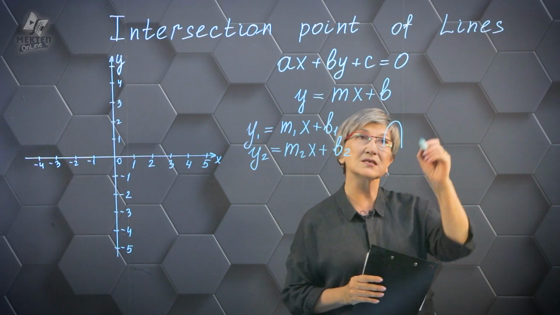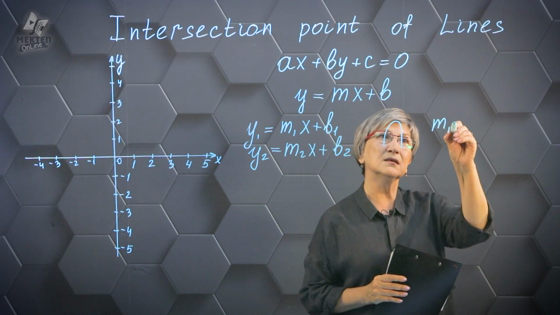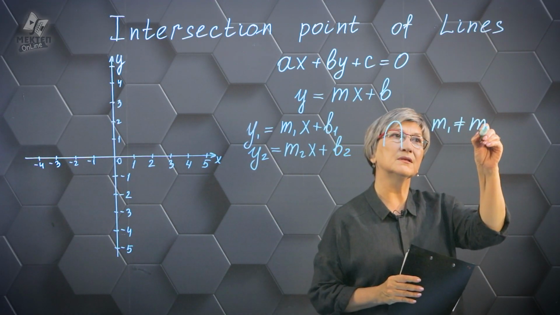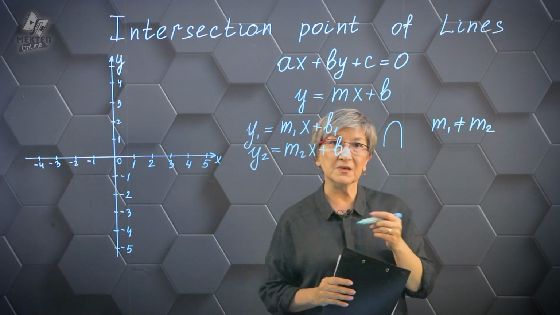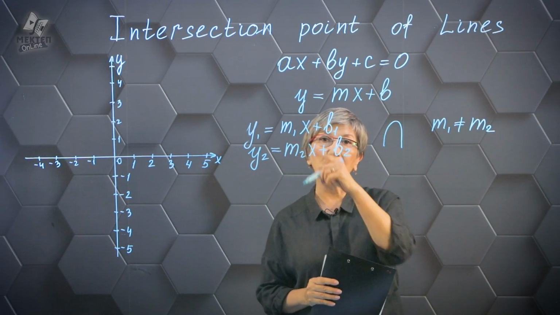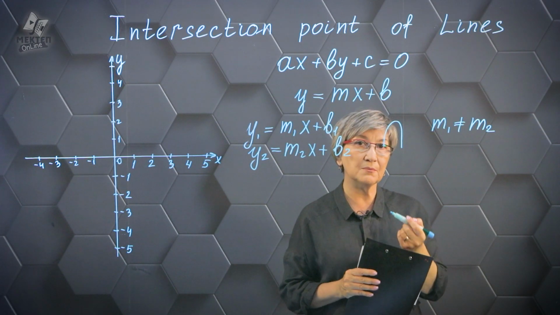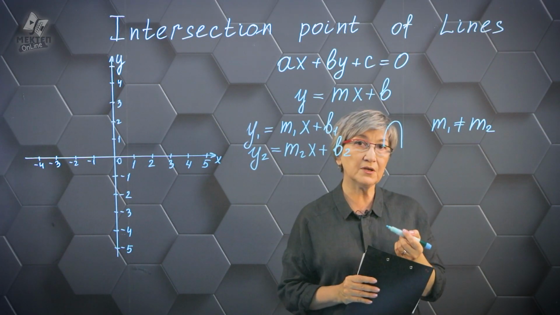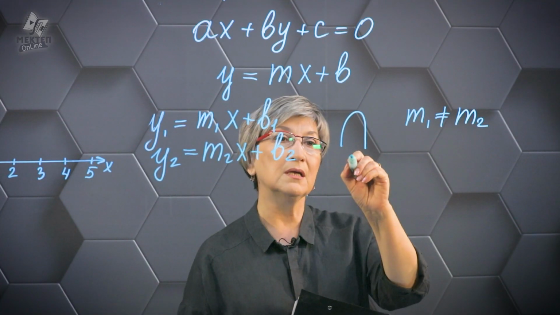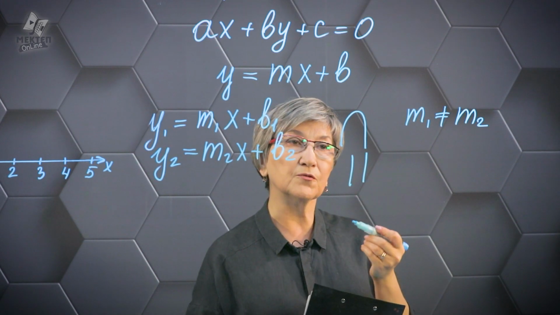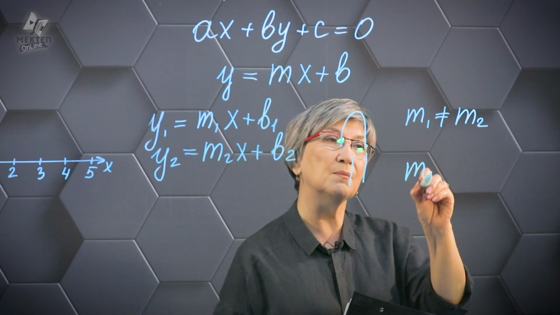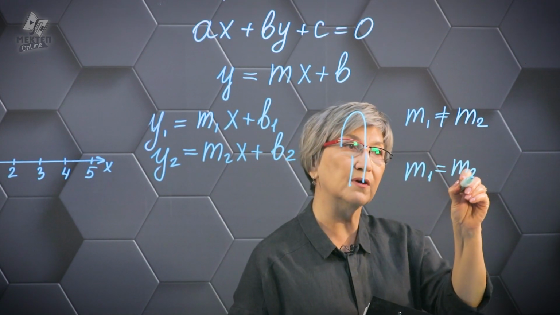Only in the case that m1 is not the same as m2. Therefore, if the coefficients of these functions differ, then these graphs will surely intersect. These graphs may also be parallel, and they will only be parallel if m1 equals m2.